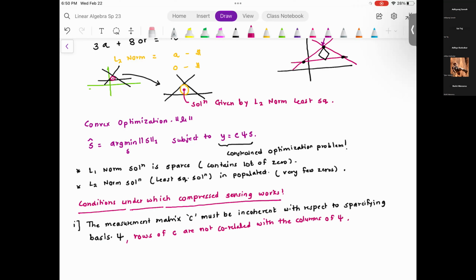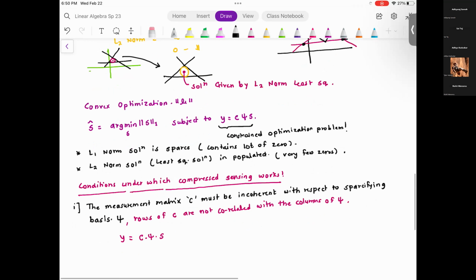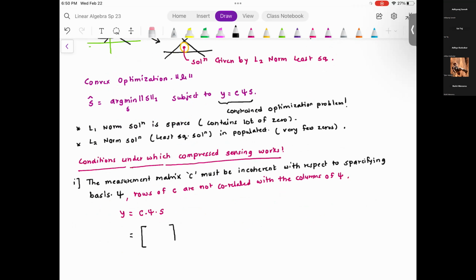And what that means, let me say y is equal to C psi s. So please note, rows of C are not correlated with columns of psi.